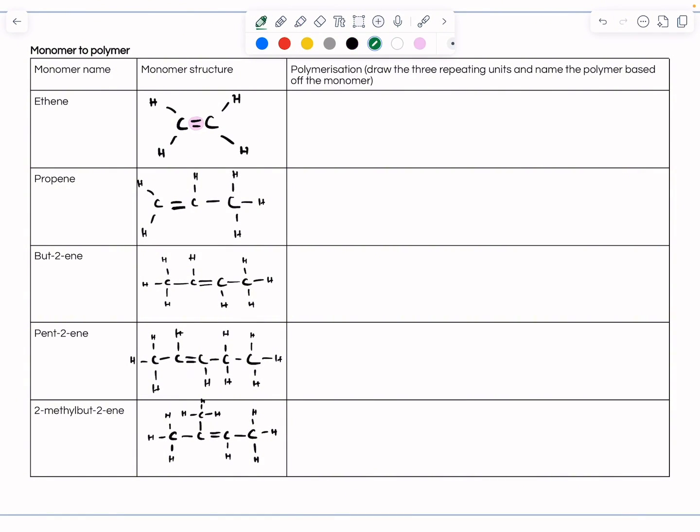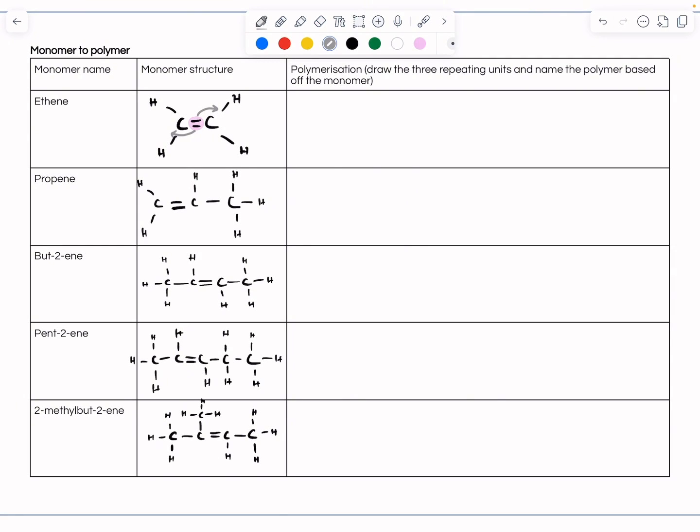So this double bond is going to open out, okay, onto either side of the carbons that are involved in the double bond. So they'll open up, but for that to happen, there needs to be free space in this area, okay?